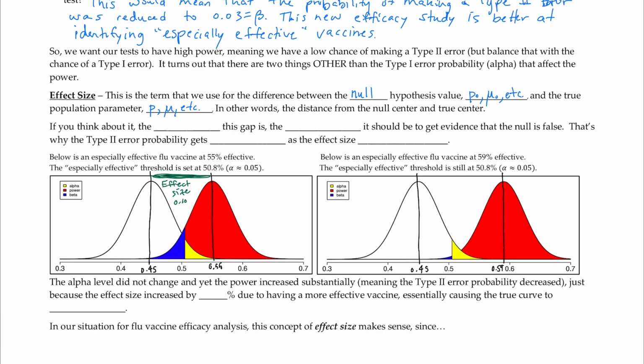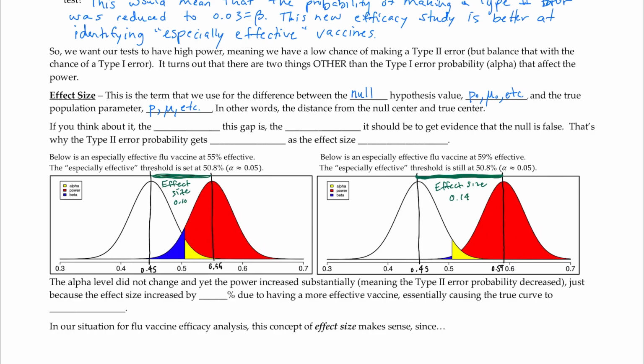So this time around, that effect size right there, the distance between the null and the true, is going to be 0.14, 14%. Okay, so that's effect size. It's a fancy word for the distance between the null center and the true center.